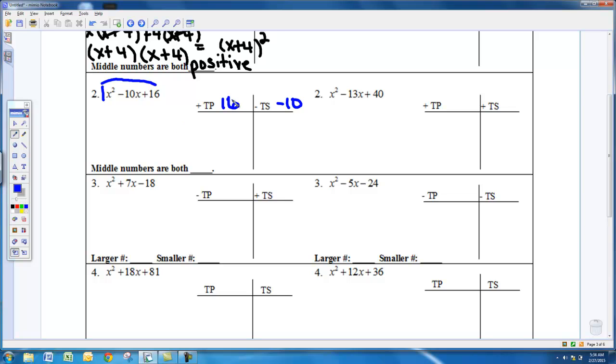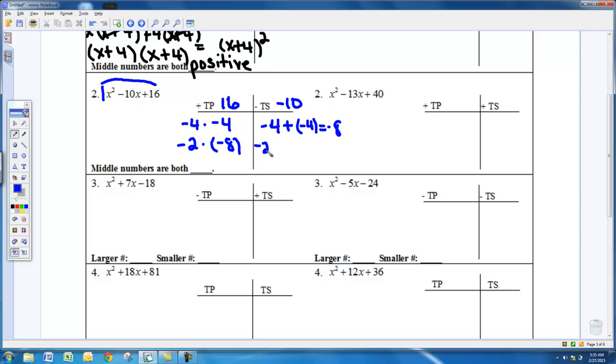So let's try some different factors of 16 that are negative. I could have -4 times -4. That equals 16, but let's try -4 plus -4. Well, that equals -8, so that is not going to work. All right, so let's try -2 and -8.